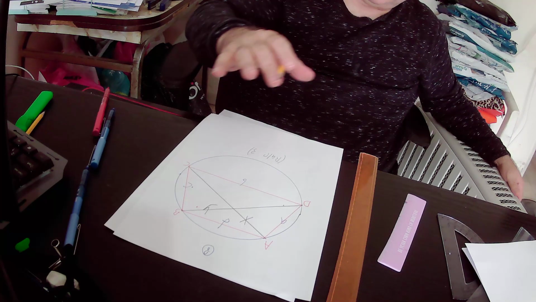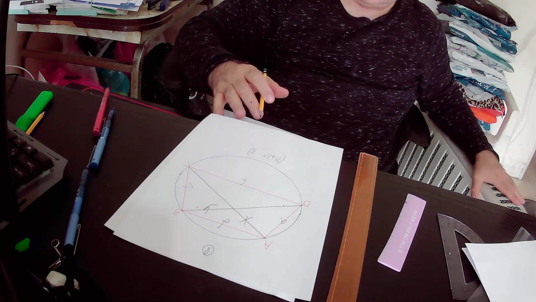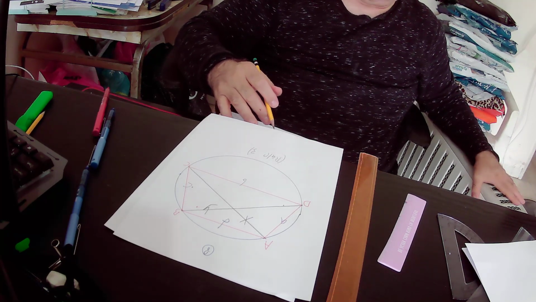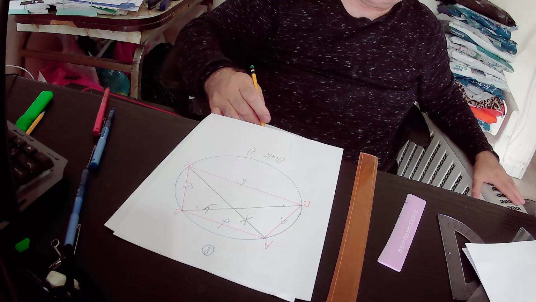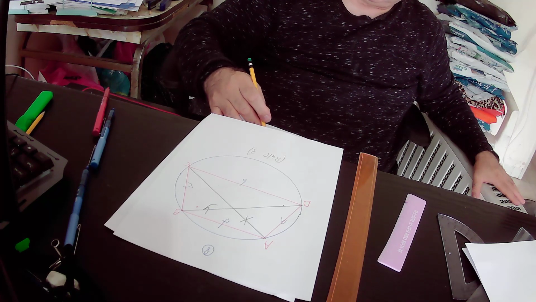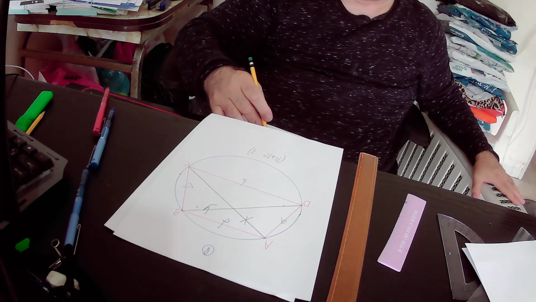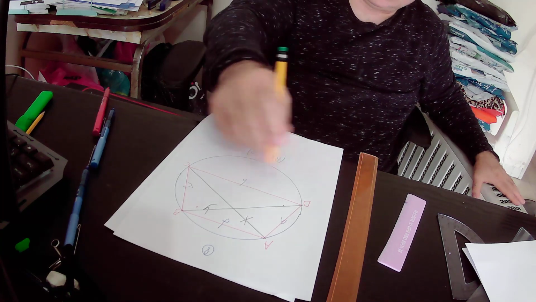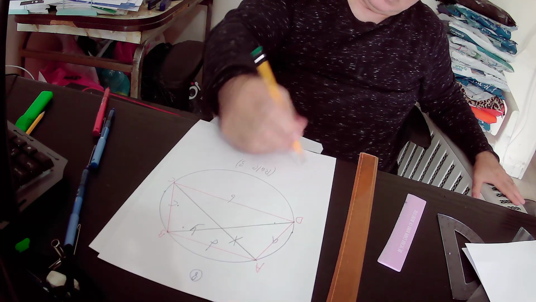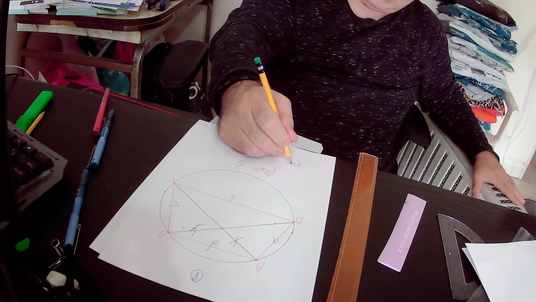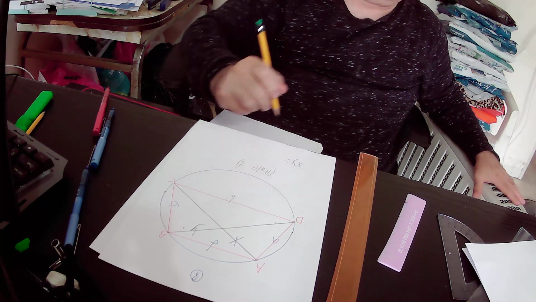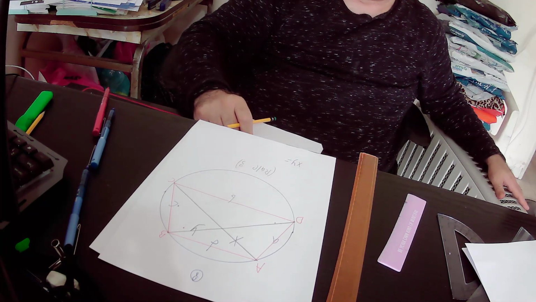Therefore, we can implement here rule number 3. And according to rule number 3, the product of quadrilateral ABCD diagonals is X times Y, and that product equals the sum of the products of its opposite sides.